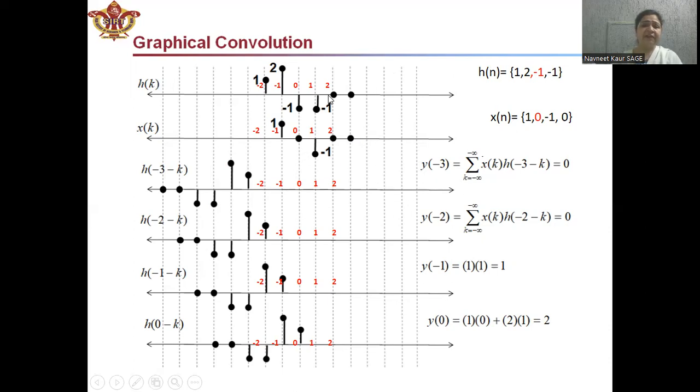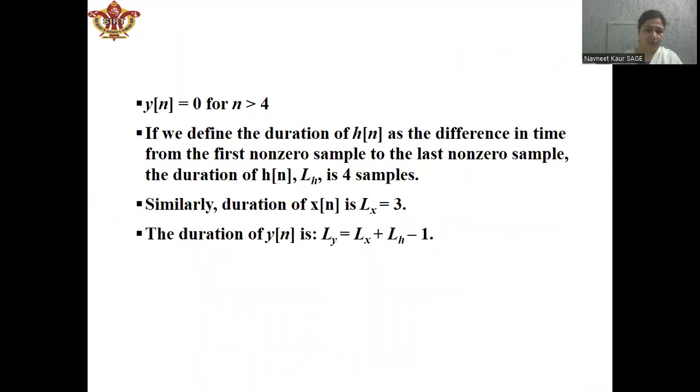When we are finding the convolution of the sequences, the first thing we want to calculate is how many samples will be there in the linear convolution. Always remember that the number of samples in the linear convolution is L plus M minus 1, where L is the number of samples in the first sequence and M is the number of samples in the second sequence, or I can say Lx plus Lh minus 1.